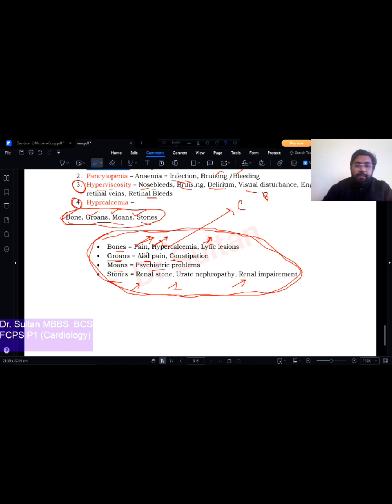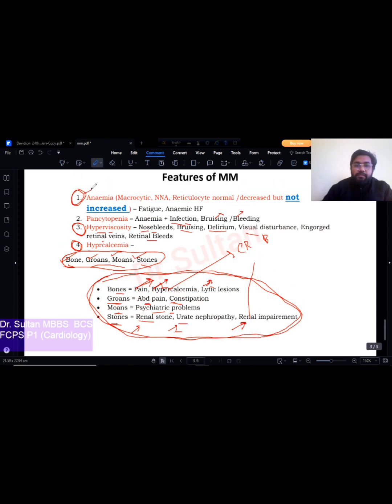These are the features of hypercalcemia. Moans is a psychiatric problem. This is also the feature of hypercalcemia. And the stones, you see, renal stone, ureteral nephropathy, renal impairment. Renal impairment is also the feature of CRAB. Another feature of CRAB, that is anemia.